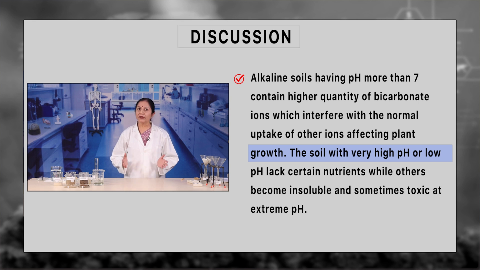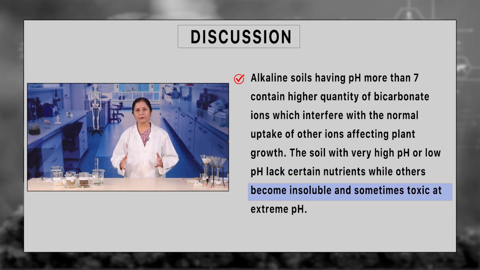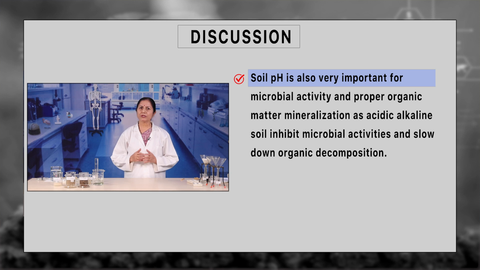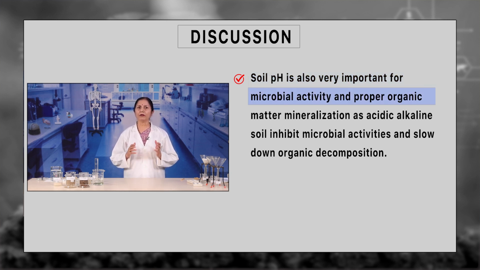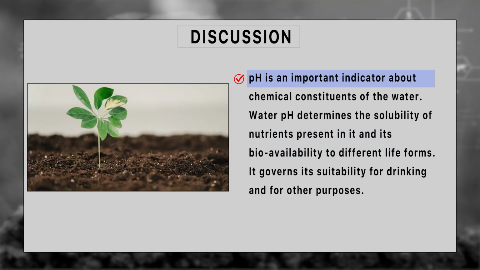The soil with very high or low pH lacks certain nutrients, while others become insoluble and sometimes toxic at extreme pH. Soil pH is also very important for microbial activity and proper organic matter mineralization, as acidic or alkaline soil inhibits microbial activities and slows down organic decomposition. pH is an important indicator about chemical constituents of the water.